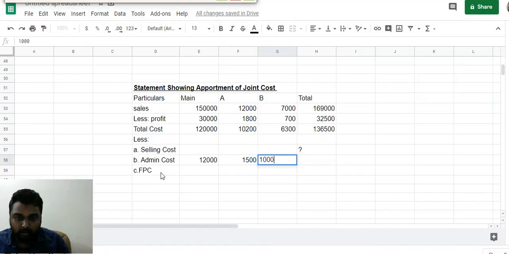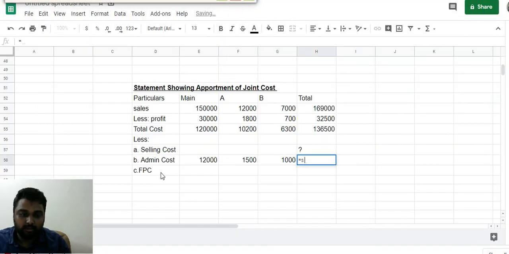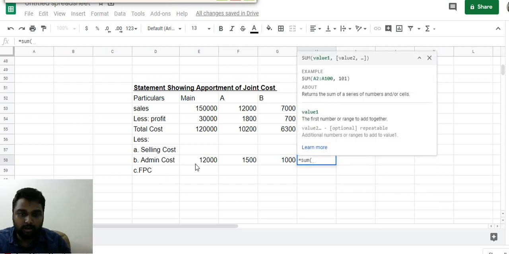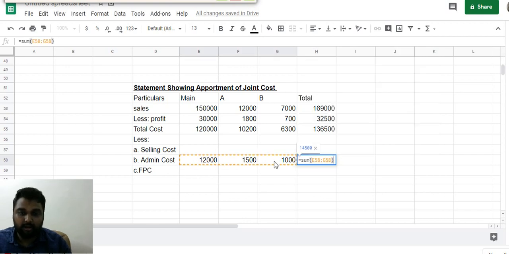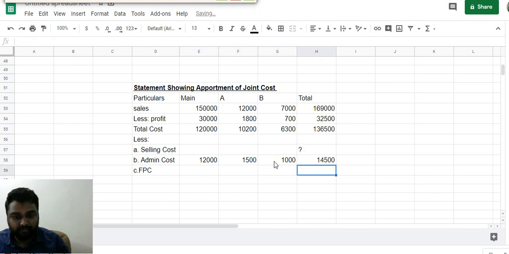So what is the total admin cost? Total admin cost will be the sum total, which will be what? 14,500.